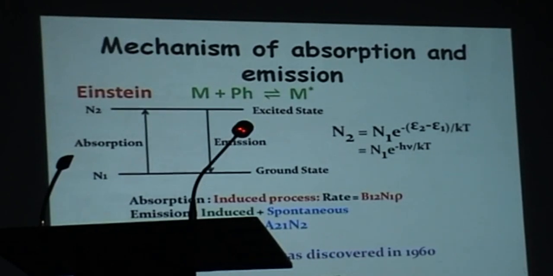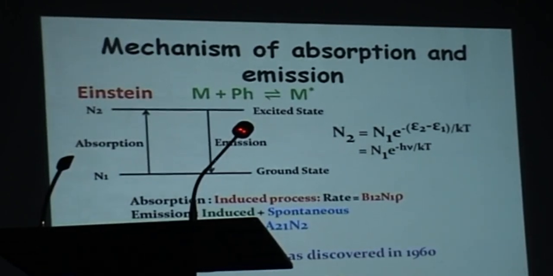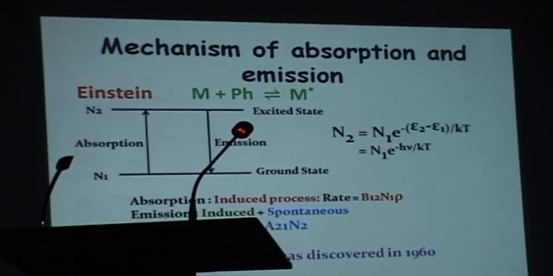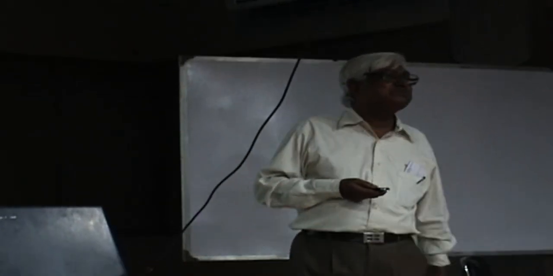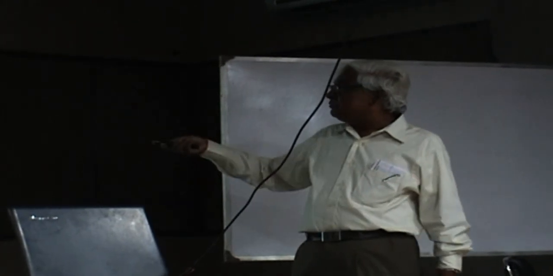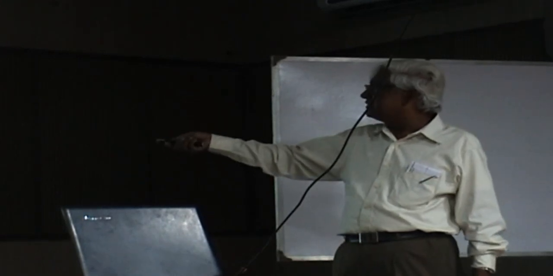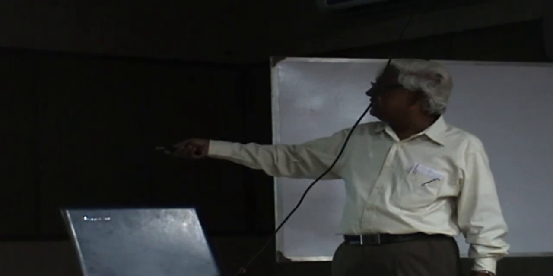The absorption rate is written as some coefficient B12 times the number of molecules times the density of photons. These are sometimes known as the Einstein B coefficients. This is only one mechanism for absorption. For the emission, there are two mechanisms: the induced process and the spontaneous process. For the induced process, similarly to absorption, we write B21, for coming from 2 to 1, times the number of molecules times the light density, and the spontaneous process is independent of the density of light.